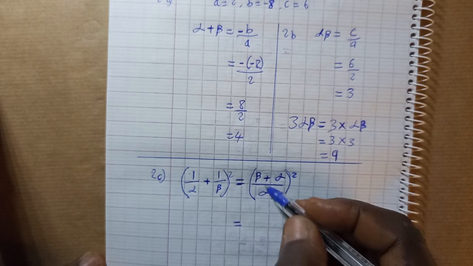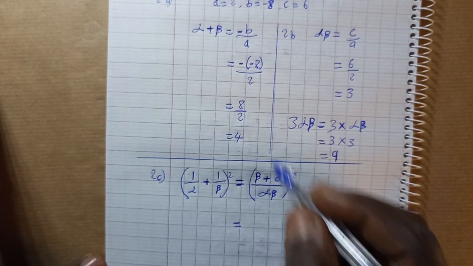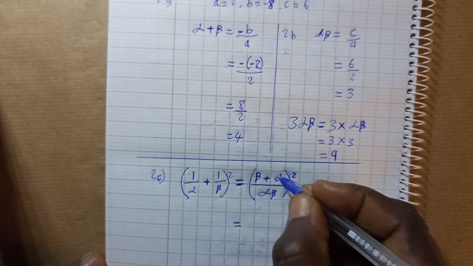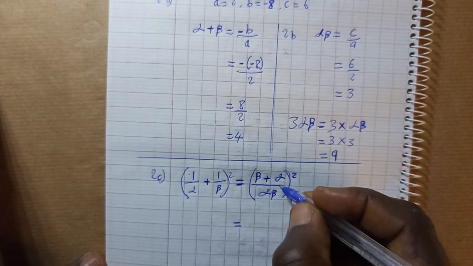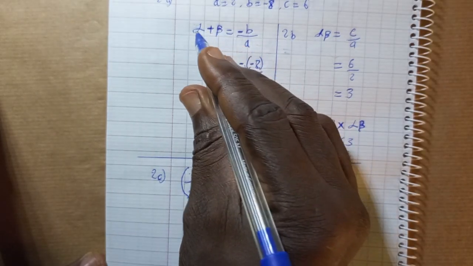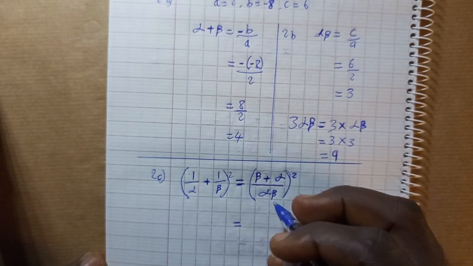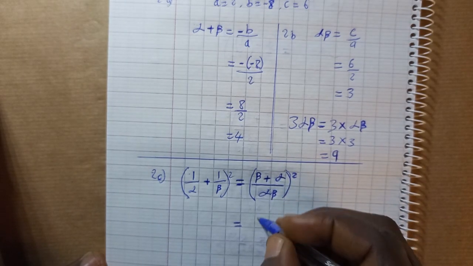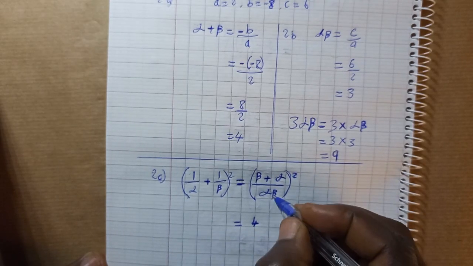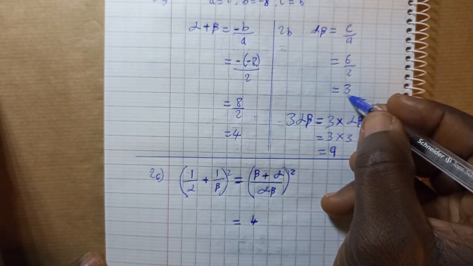So this value, remember we just calculated as the sum of roots, which is 4. So the value of this is 4, irrespective of the position. Here we have α before β, and β before α, so it's still the same thing. The sum of roots is 4, and the product of roots that we just calculated is 3.